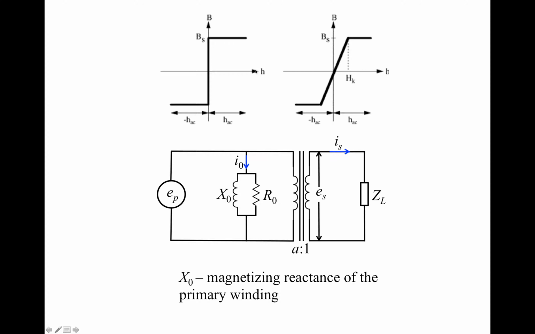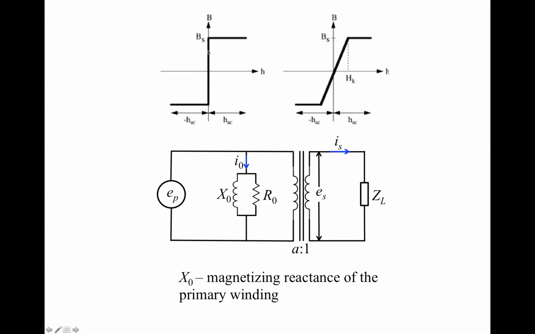Because the horizontal axis is H, and H is proportional to the current. If the BH curve is vertical, then it takes zero current to reach BS, the saturation magnetic flux density.